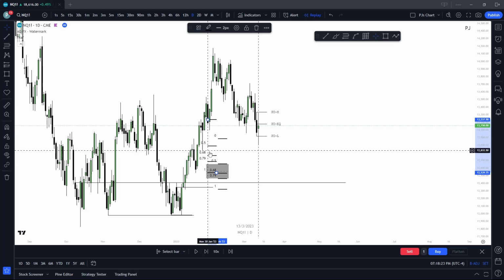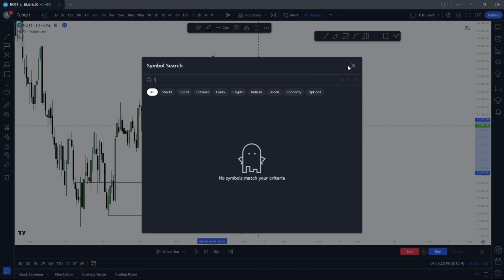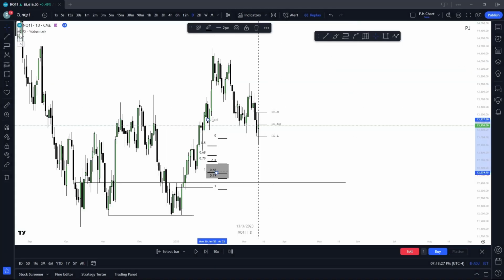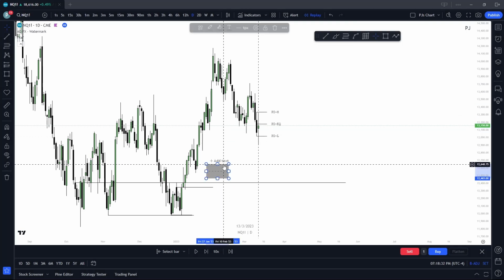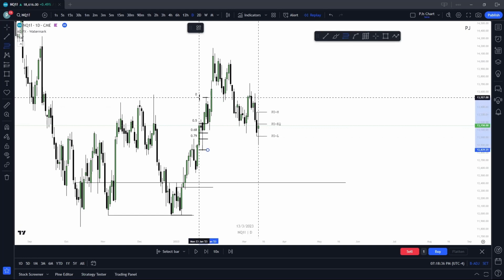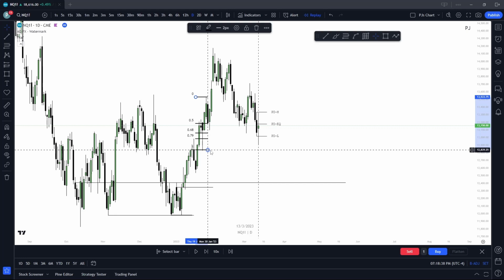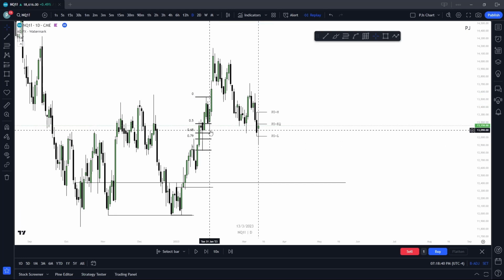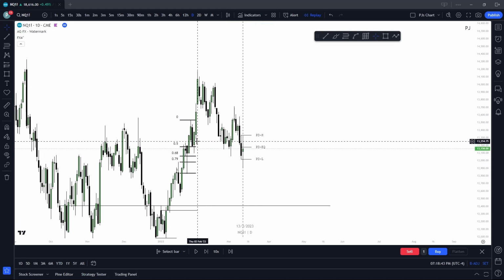Delivers and reacts very appropriately into OTE of the range. New swing high is created into new swing low. We see another one here. Delivers again.